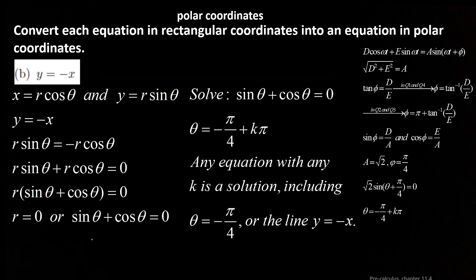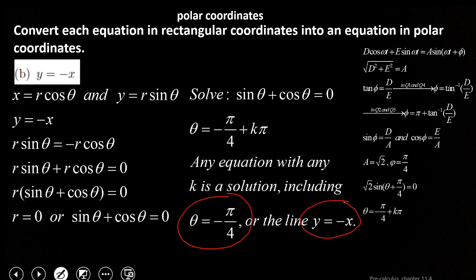This problem is a little tricky because r goes away and you just have to work with theta. So the answer is theta equals negative pi over 4. That and this both represent the same line, the line that goes through here.